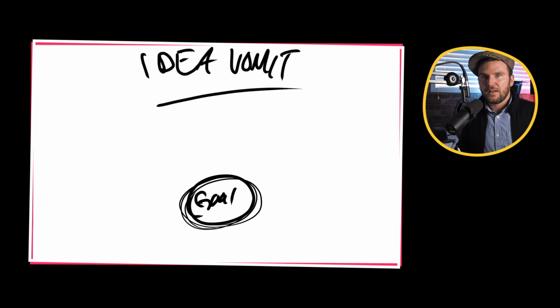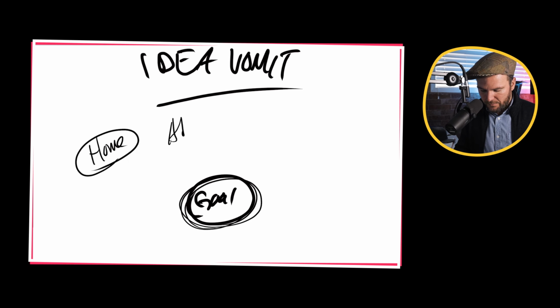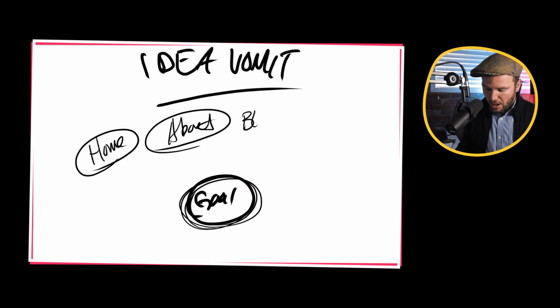So think about, okay, I want more email leads to my personal brand to get them on my email list. Okay, so let's just start spitting out ideas. What do we want on our site? What are the pages? Well, I know I want a home page. Okay, I want an about page. What else? I'm going to need a blog, products.